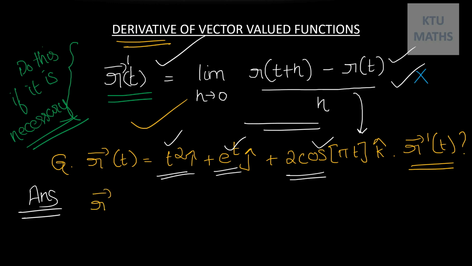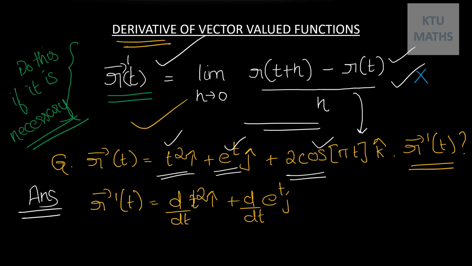Now let us find it. d by dt of t square i cap plus d by dt of e raised to t j cap plus d by dt of 2 into cos pi t k cap. You must first go and study the basics of differentiation and then come and solve this.